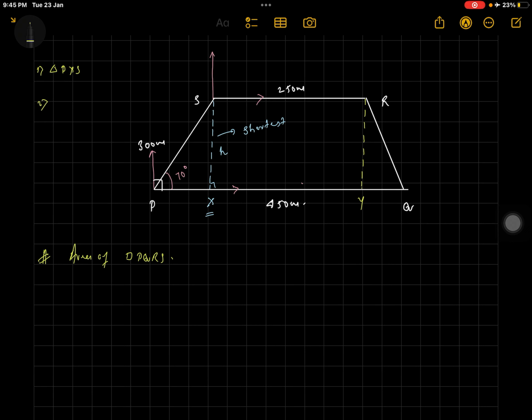The second one is a rectangle, that is XYRS. Meanwhile, the third one is again a triangle, which is RYQ. Finding the area of the quadrilateral requires us to find the area of these three pieces, put them together, and that should be what we are wanting.